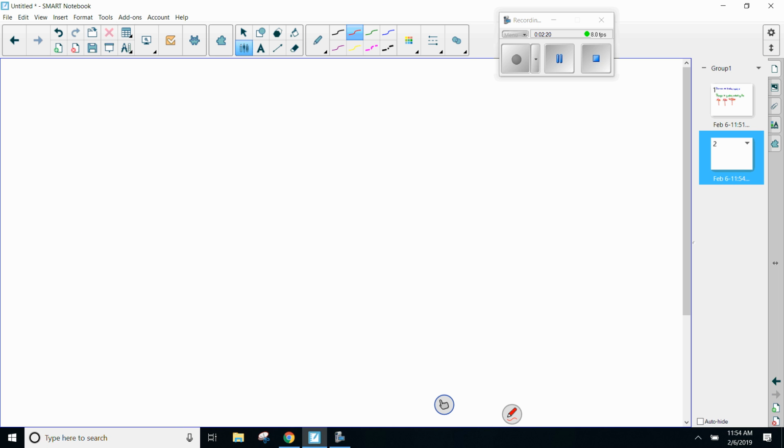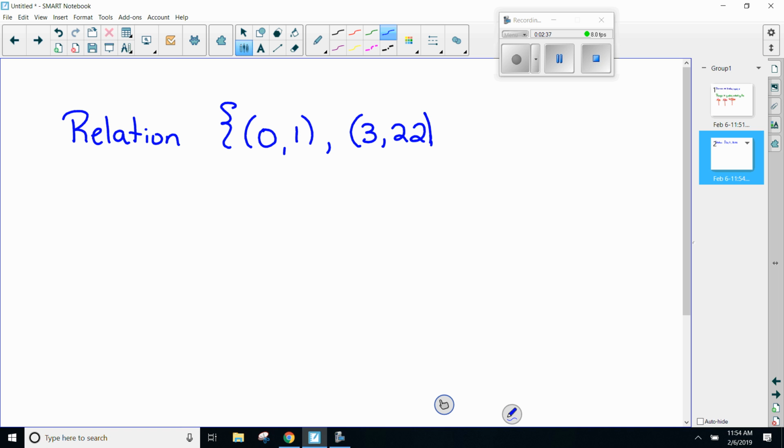If you look at that first page, they give you a relation. So a relation, we're just going to talk about a set of ordered pairs or a set of points. We have ordered pairs here. You have 3, 22, and you have 90 and 34.